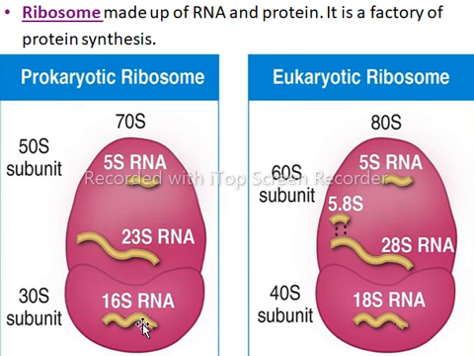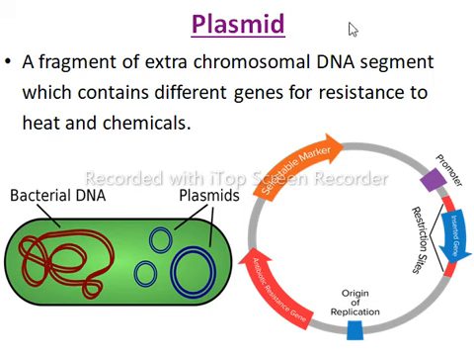Then comes plasmid. Bacteria also have an additional genetic material called plasmid. They lie in the cytoplasm and are not part of the circular DNA. They are extra-chromosomal rings of DNA.